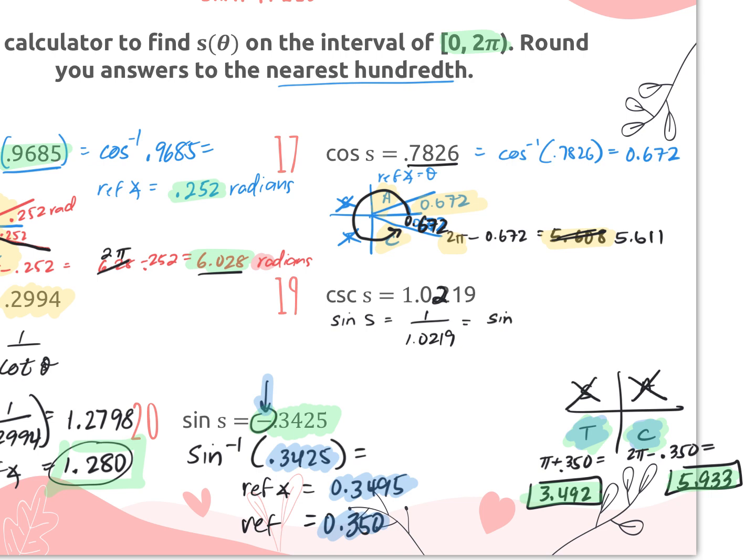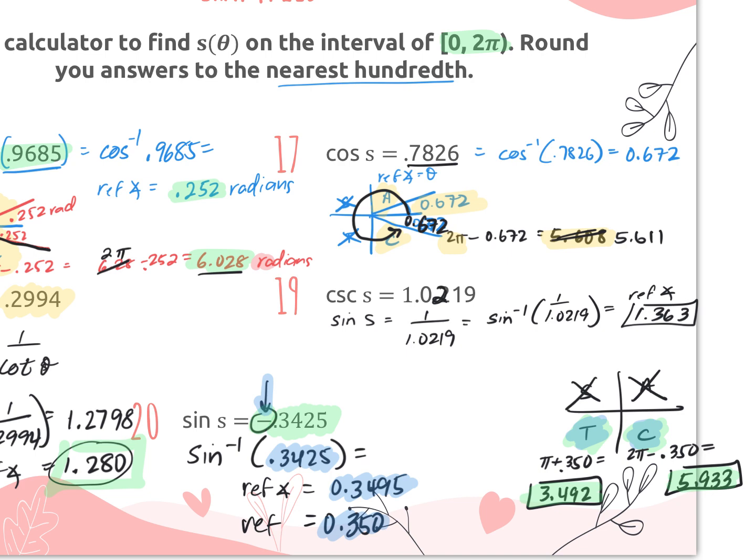So this inverse sine of 1 over 1.0219 is going to give me my reference angle. So I'm going to do 1 divided by 1.0219. I'm going to get that answer, and then I'm going to find the inverse sine of it, and my reference angle is 1.363. Okay?